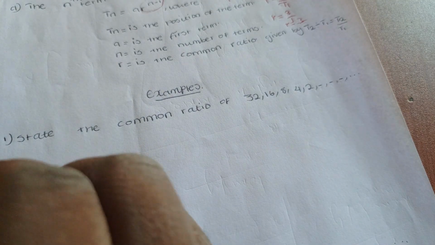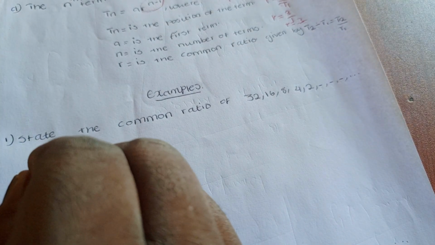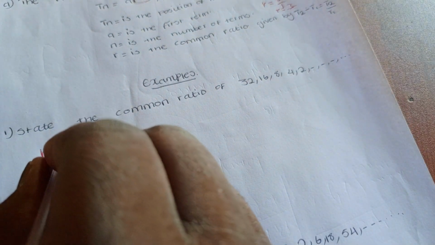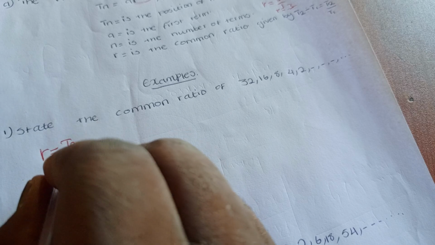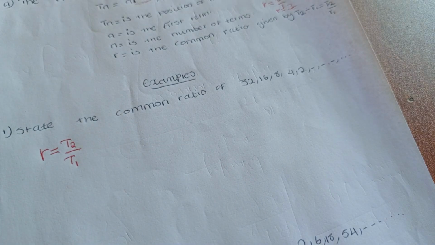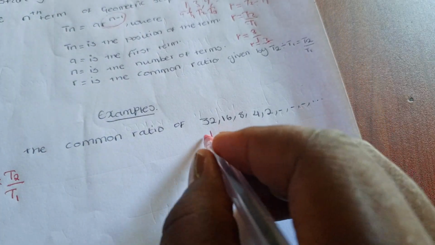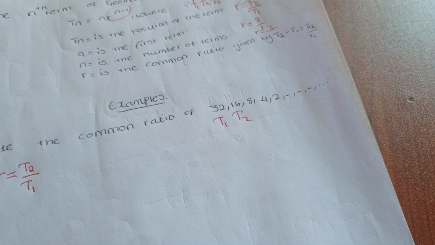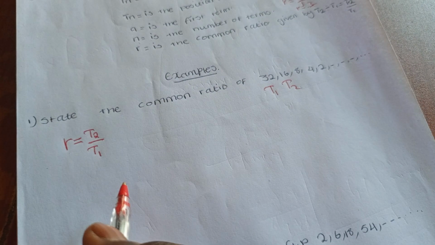Since I said that the common ratio R is given by T2 over T1, in this case I will label this part: this is T1, this is T2. For me to find the common ratio, I need to substitute correctly.